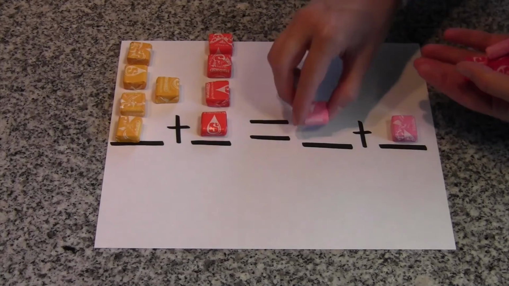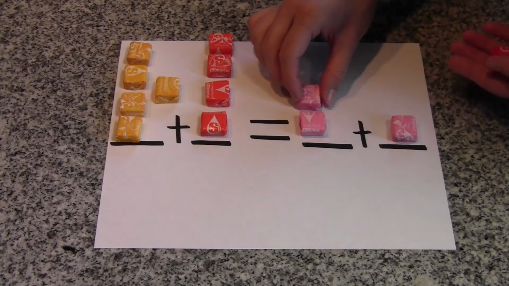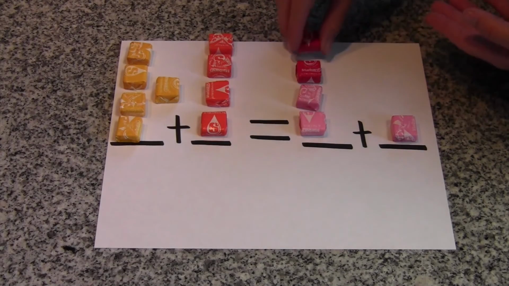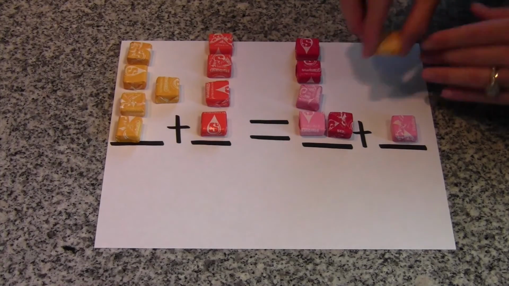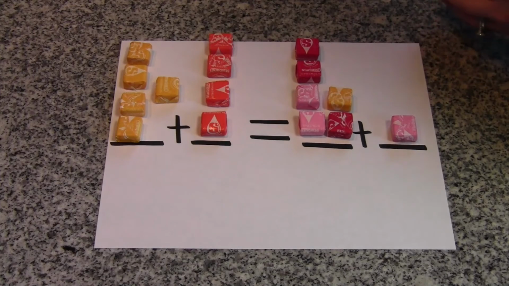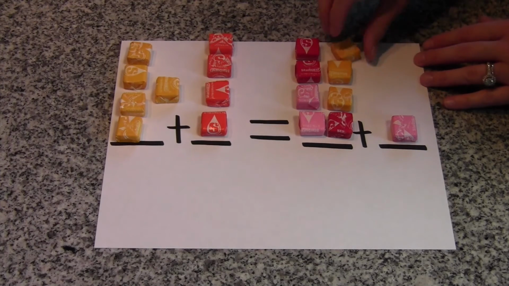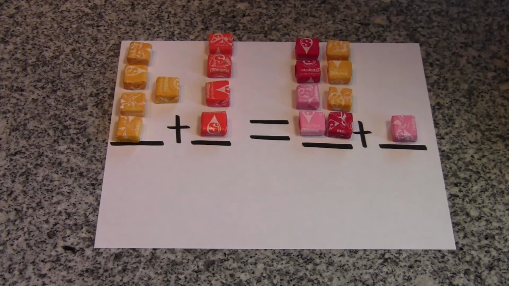So 1, 2, 3, 4, 5, 6, 7, 8. It might be easier if your children have the same colors on both sides, but since I'm running out of Starbursts, we're going to use a different color for this problem.